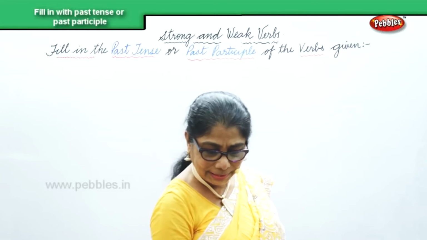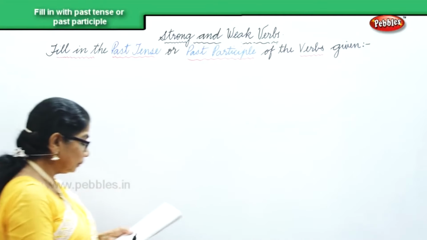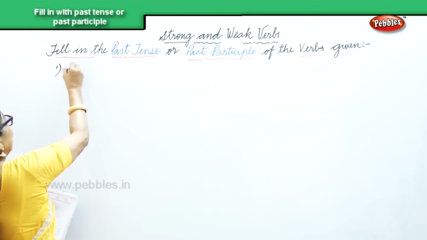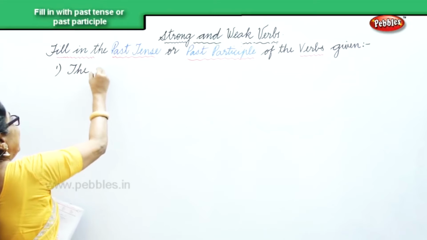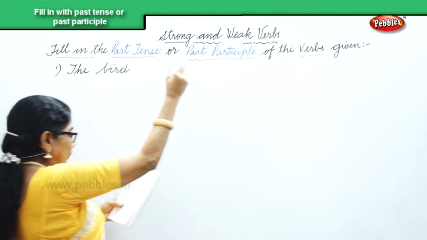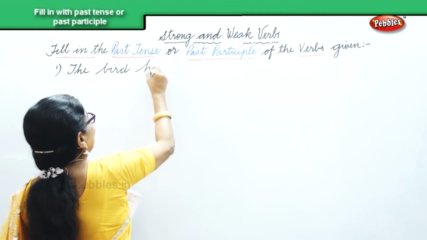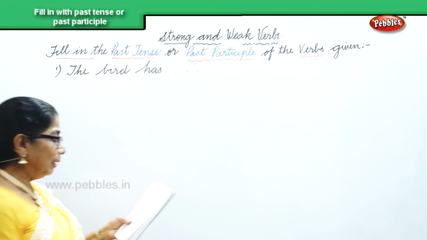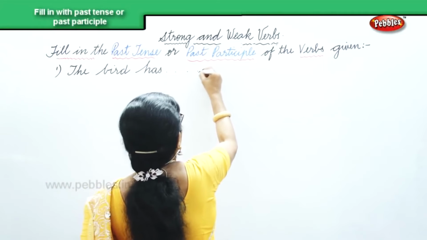Now look at the sentence that I am giving you. The bird has, and you have a blank here. Okay? The bird has dashed away.